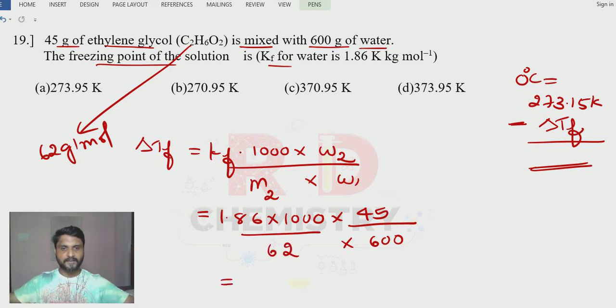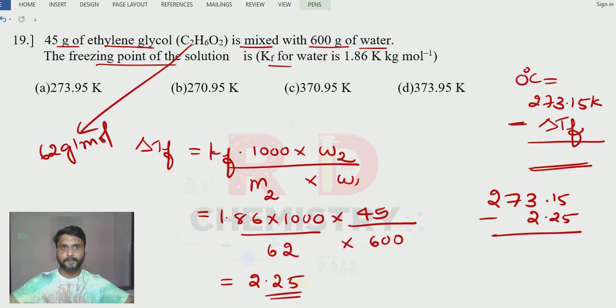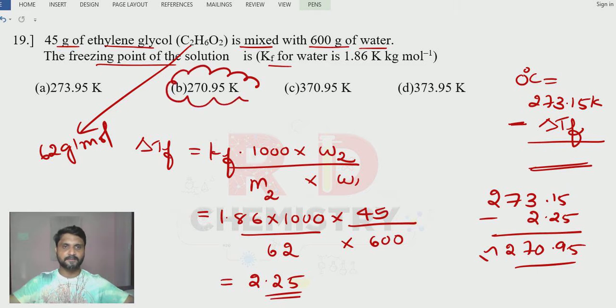This will give the answer as 2.25. Now what you do is 273.15 minus 2.25, which gives approximately 270.95. So therefore the answer is option number B. Second one is the answer. Clear?